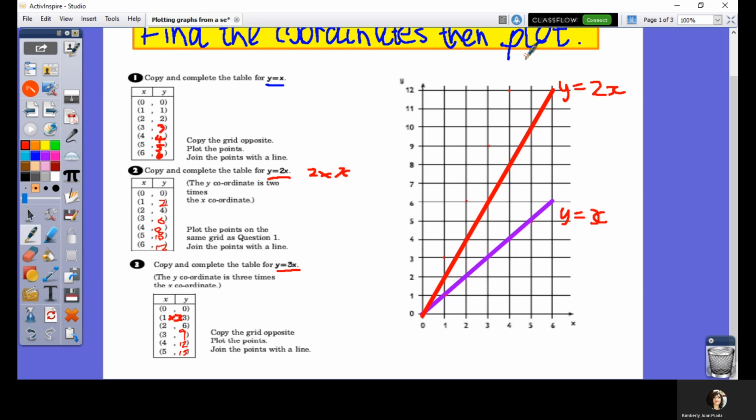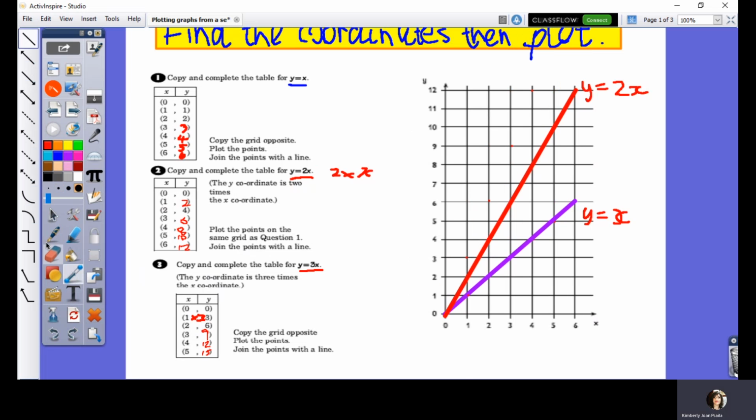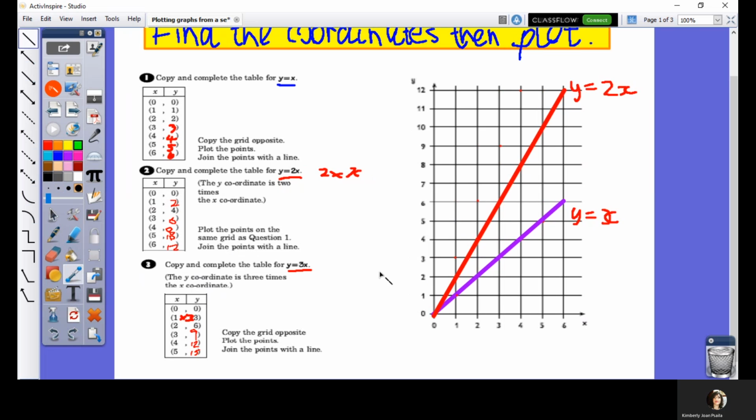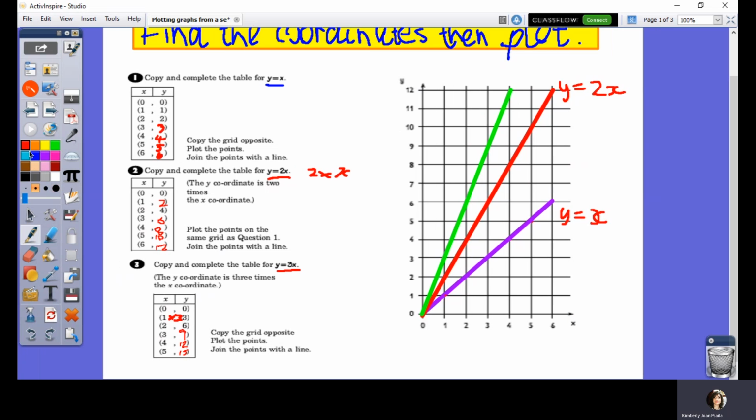If you have enough space, you go up until 15, but here our y-axis stops at 12. The last step is to join your line. Touch every point, always using a pencil and a ruler, and you have your line. This line is called y equals 3x.